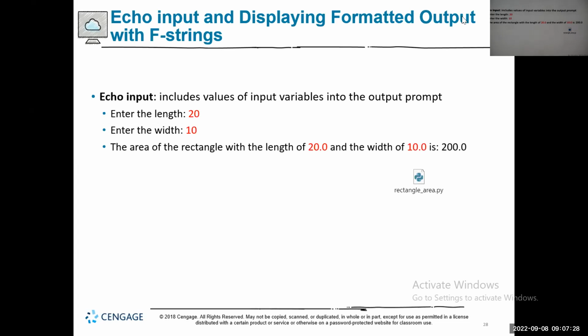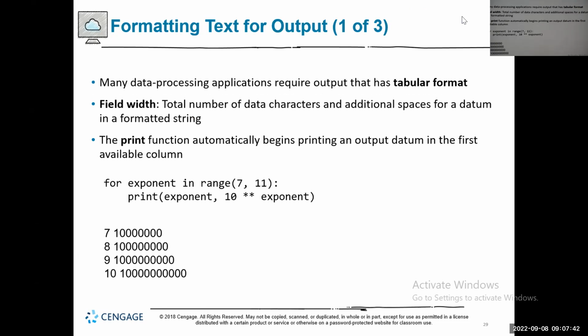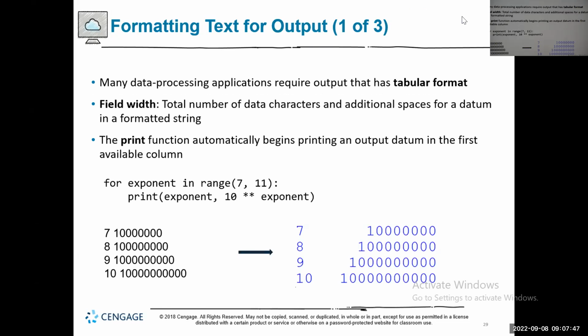One more thing about the echo input: you use the input and put it in the output to make the output make more sense. Formatting the text in the output, you do with the field width. For example, this one doesn't look good, so you can justify this one on the left and this one on the right.